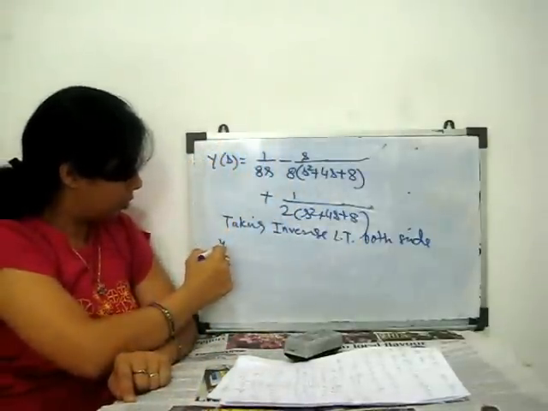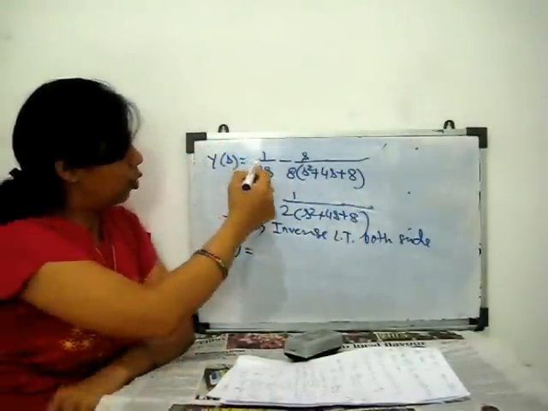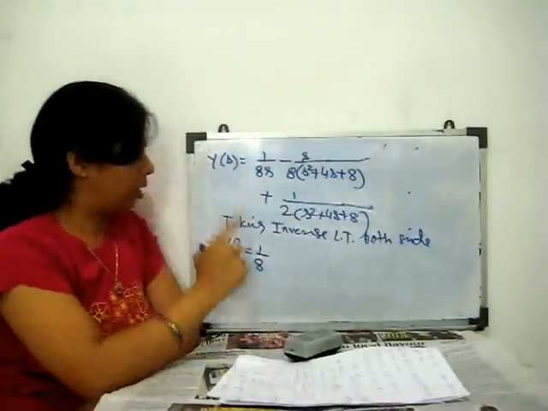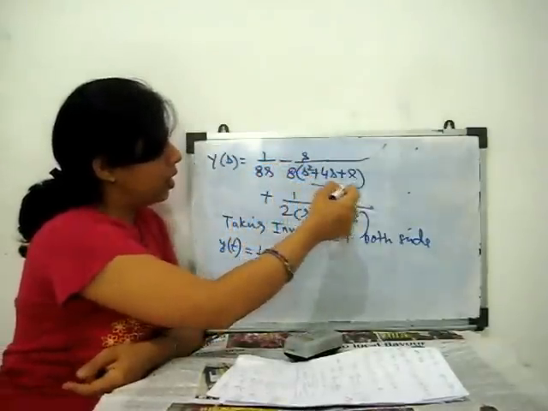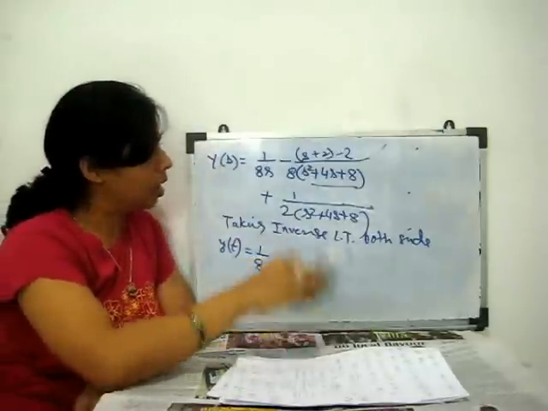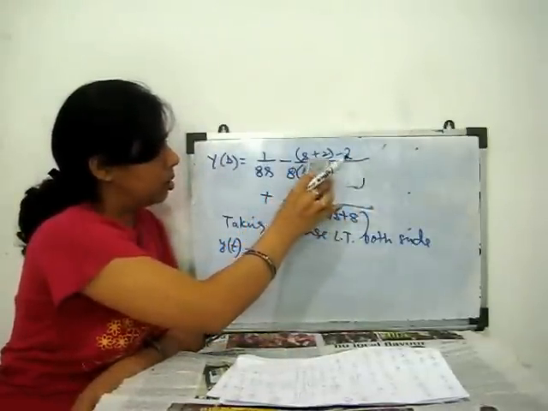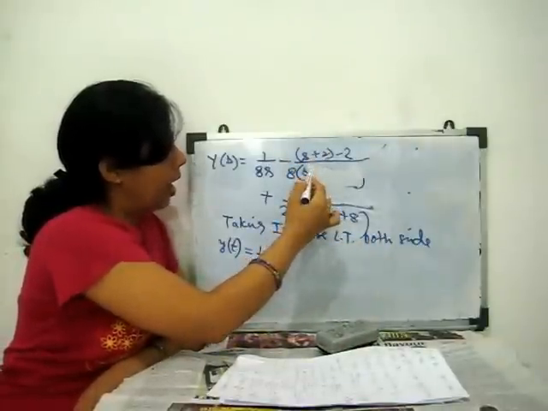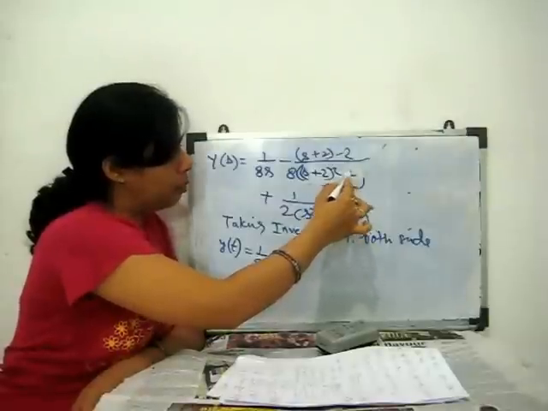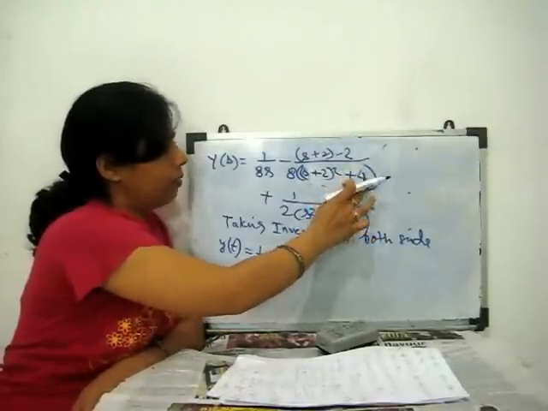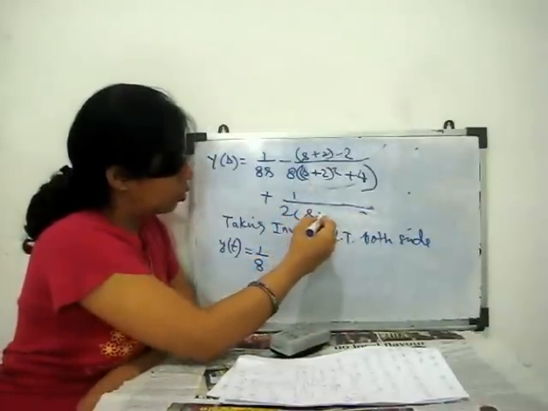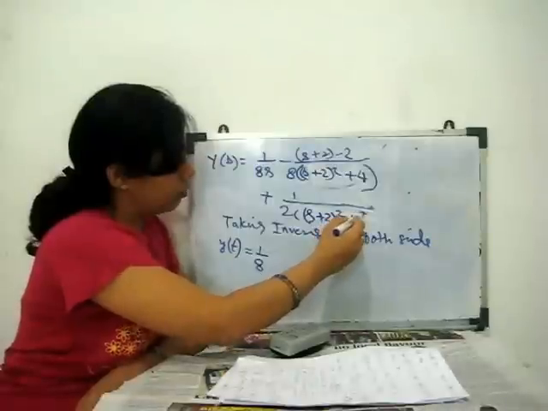Clear? So this gives y(t) equal to 1 by 8, and 1 by s is 1. We see this is s plus 2 minus 2. We can do like this. s square plus 4s plus 8 becomes (s plus 2) whole square plus 4, where we break 8 as 4 plus 4.